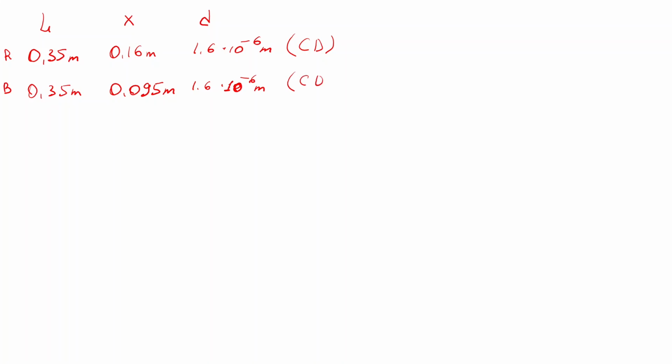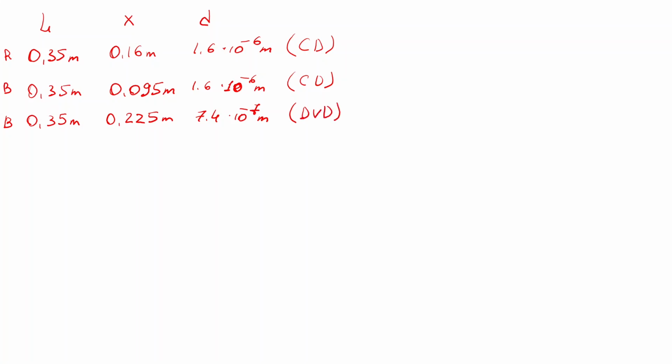This is also a CD diffraction grating. And again we have blue laser. The distance between the diffraction grating and the screen stays the same, and we get the distance between 0 and first diffraction maximum of 0.225 meter, with the period of diffraction grating 7.4 times 10 to the minus 7 meter, and this is a DVD diffraction grating.